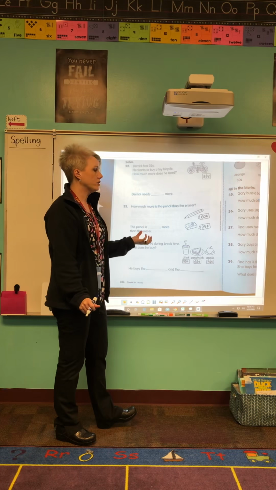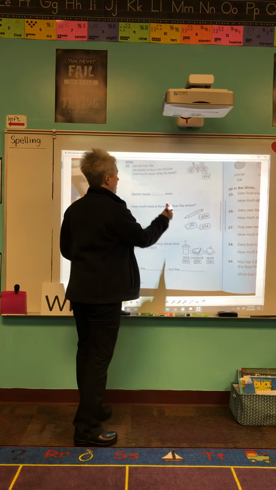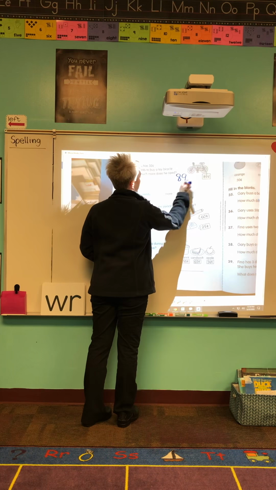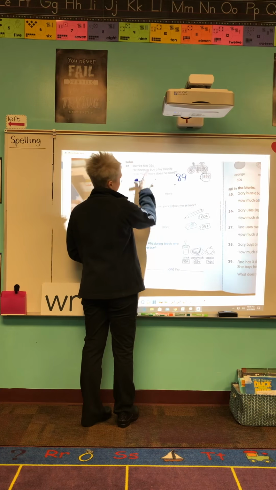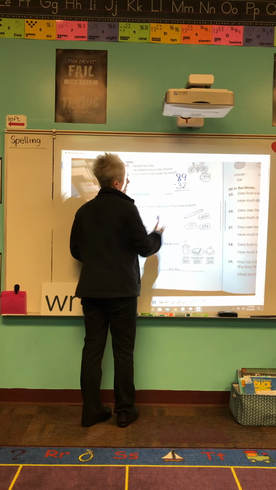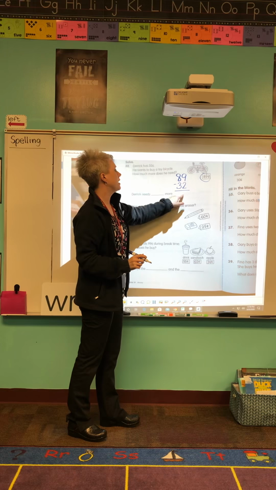So if he has 32, how much more does he need to get all the way to 89? So we're going to start, because we're subtracting, with our big number, 89, and we subtract 32 because that's what he already has. So to get from 32 to 89, he will need how much?